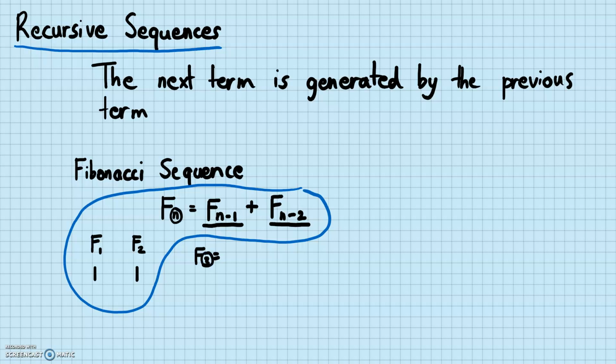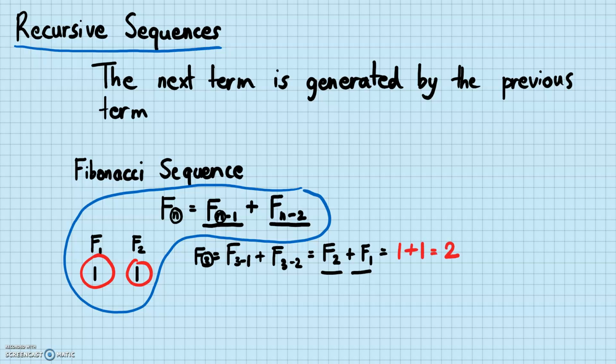So if you plug in n here, that's going to be f sub 3 minus 1 plus f sub 3 minus 2. That is going to be f sub 2 plus f sub 1. Okay, so we are adding f sub 1 and f sub 2 to get f sub 3. We know that f sub 1 and f sub 2 are both 1s, so we're just adding 1 plus 1 and get 2.